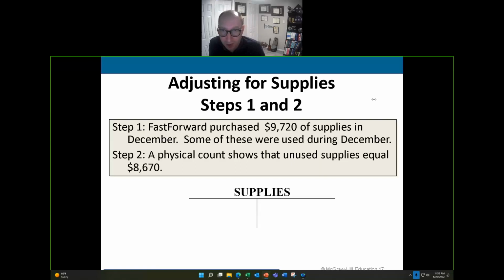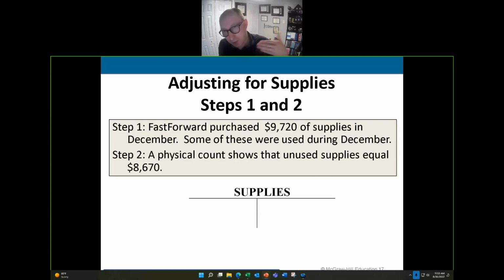So in this example, we purchased $9,720 worth of supplies in the month of December. So we got all the supplies sitting here. Now, there's a good chance we're not going to use all the supplies in December. We purchase it in advance to be used later on throughout the year.